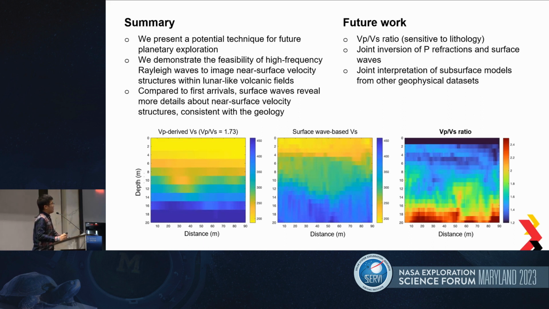And a final step is the joint interpretation of the subsurface model based on the different geophysical data sets, for example GPR or magnetic and gravity, to find the model that best represents the subsurface. And I would like to take any questions.